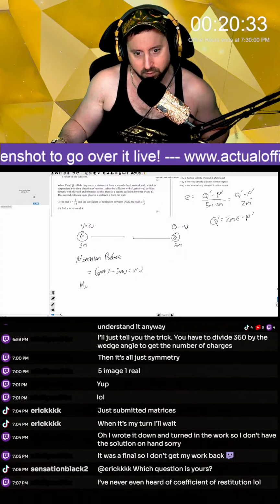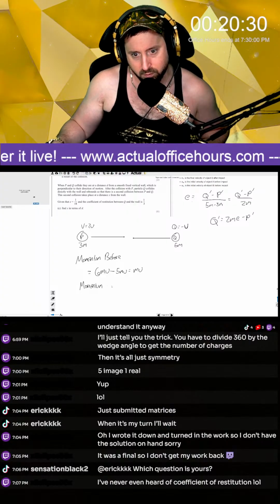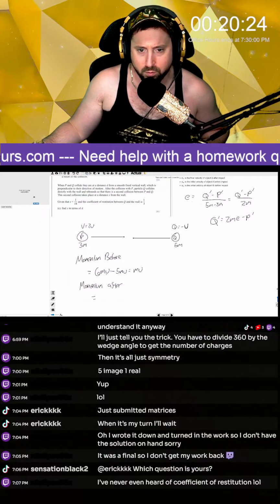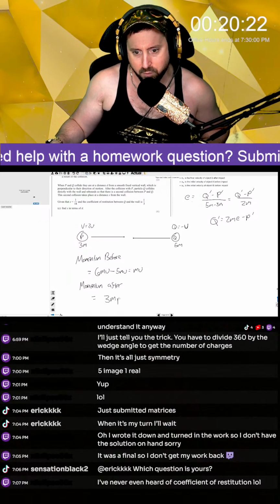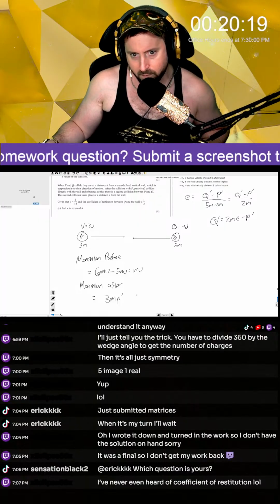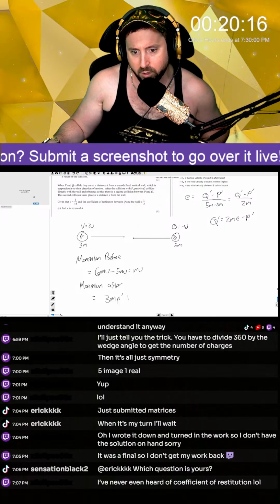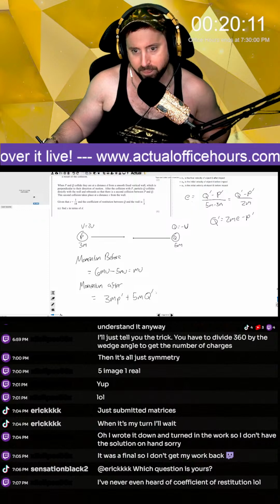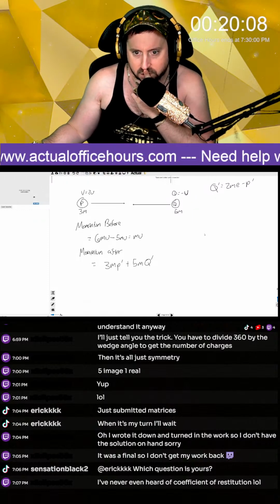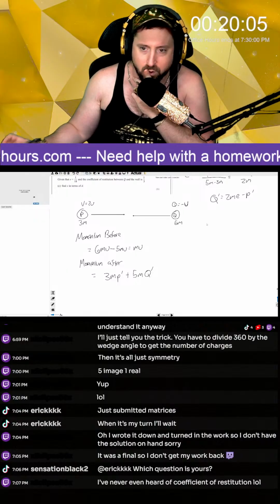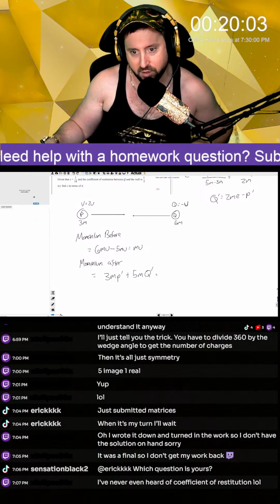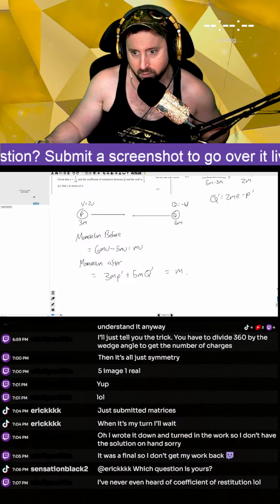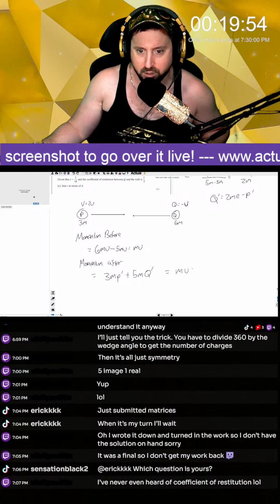And then momentum afterwards is equal to 3m P prime, and then we don't know this next one, but this is going to be plus 5m Q prime. Okay. Oh, very cool. Now I can get an expression for P prime, because I know that this also has to equal mu.